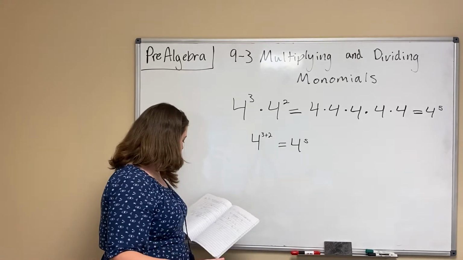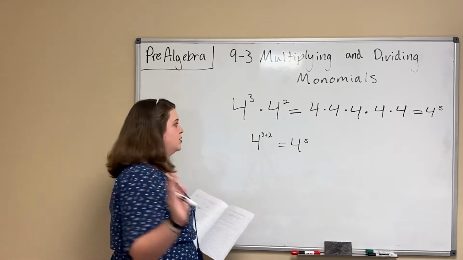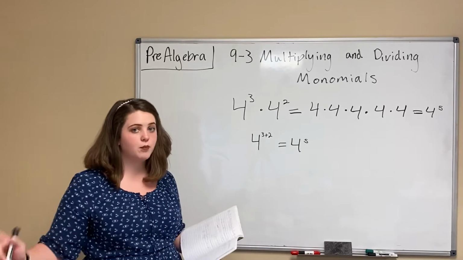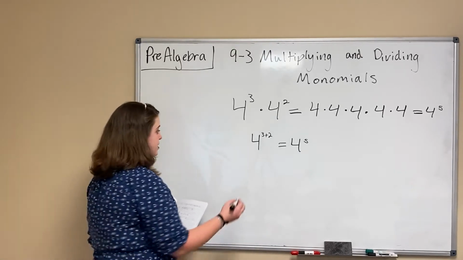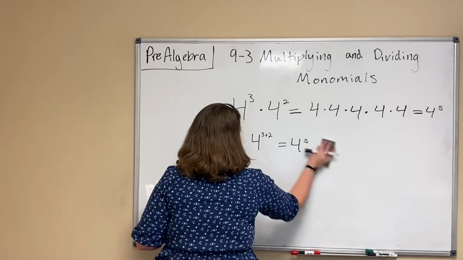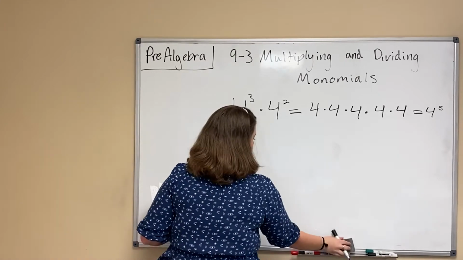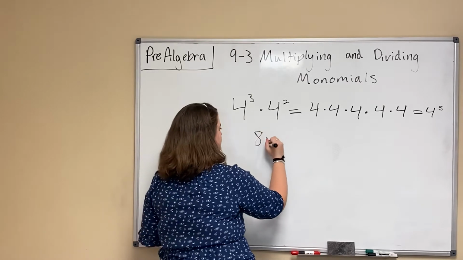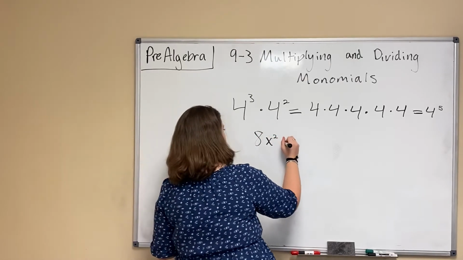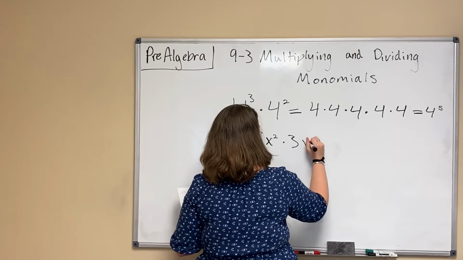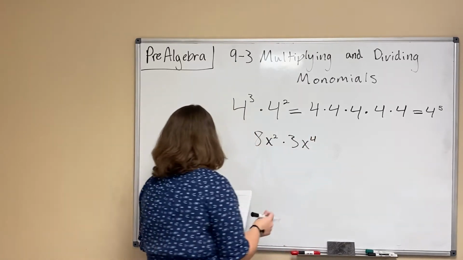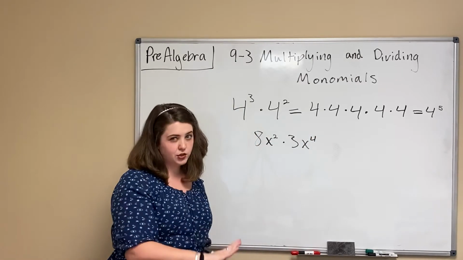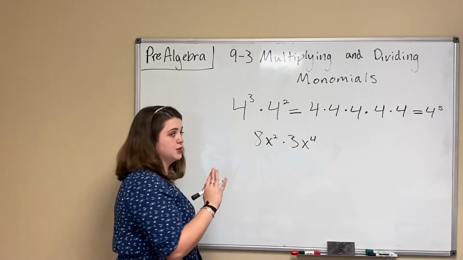That still goes if I am multiplying variables or if I'm multiplying variables with coefficients. So let's practice one. If I have 8 times x squared times 3 times x to the fourth, like this. What I'm going to do with this is break it down into its pieces.